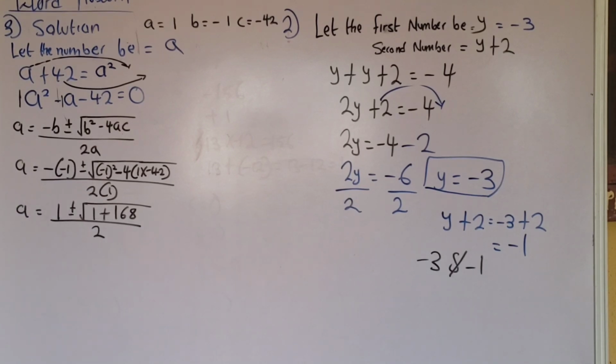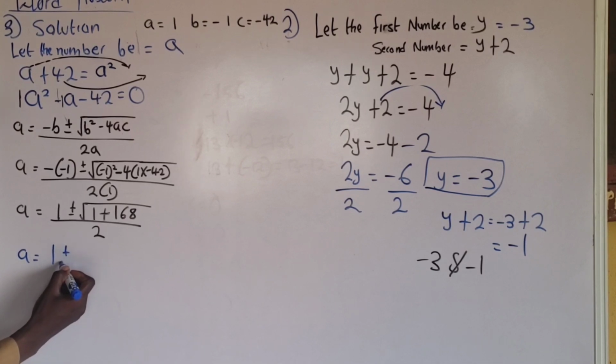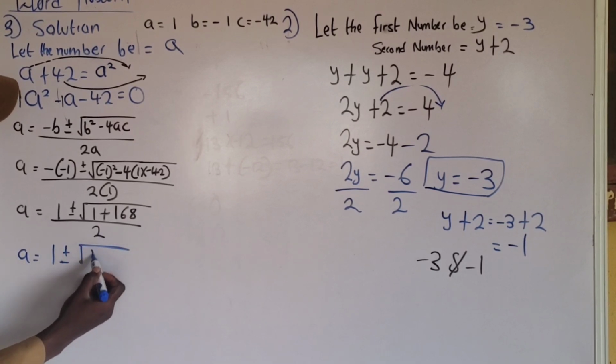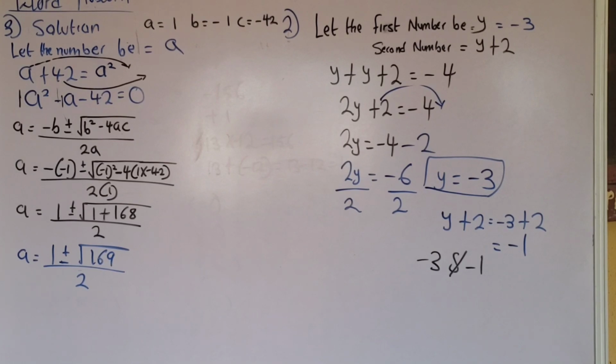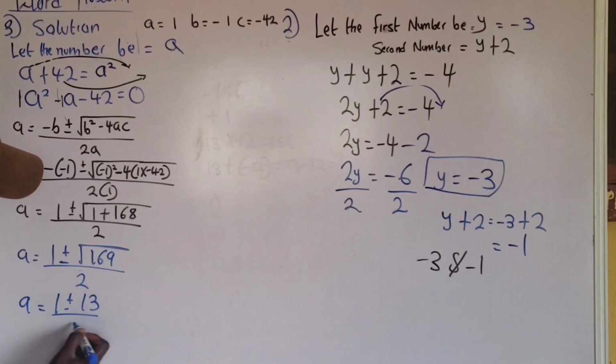So a is equal to 1 plus or minus the square root of 169, all over 2. Now, what is the square root of 169? The square root of 169 is 13. So a is equal to 1 plus or minus 13, all over 2.